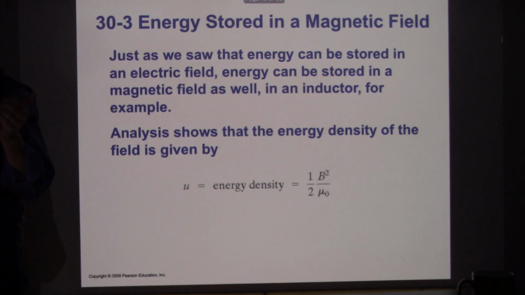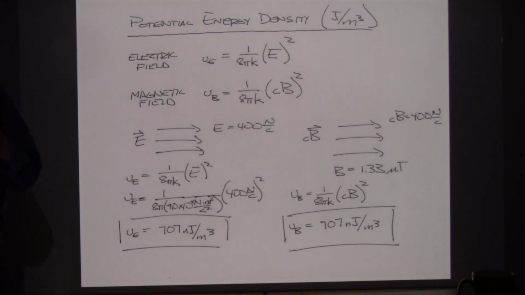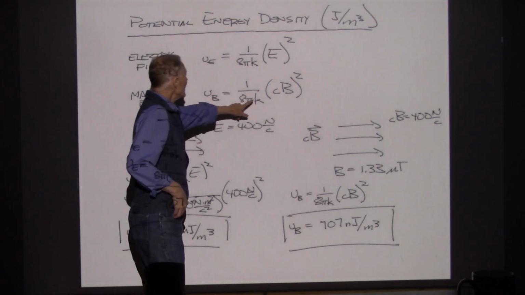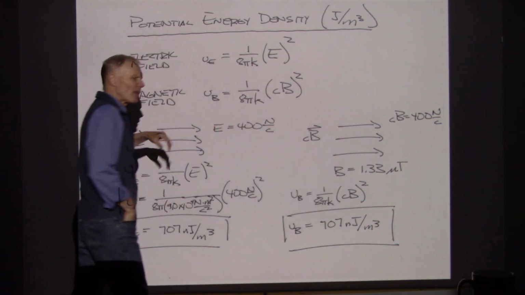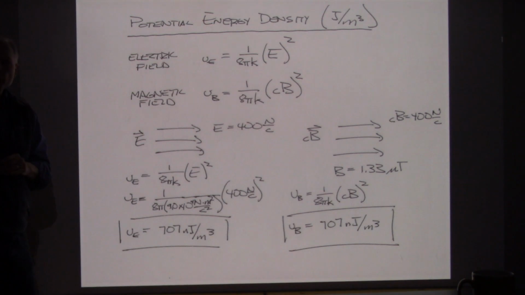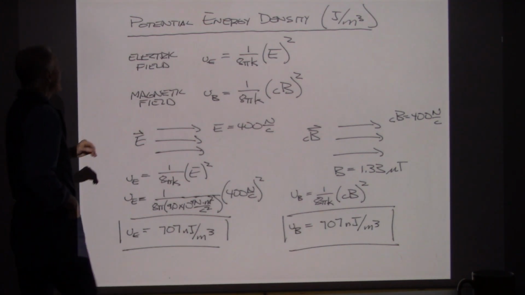Now, the textbook is working in terms of mu naughts and epsilon naughts for these energy densities. But what I've done, and what we've done in class here, is we've stayed with the electric magnetic force constant, the very same little k, the 8.99 times 10 to the 9th newtons meters squared per coulomb squared.